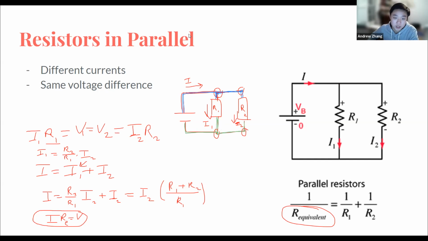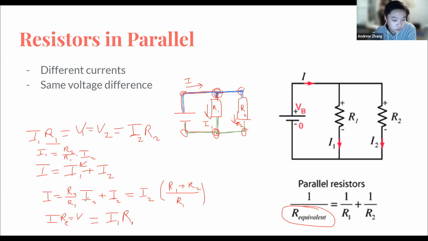Which means that if we take the voltage difference between this point and this point, it's the same as the rest of these points, right? So this is also still V, which means that V is going to be the same for all of these. So this is equal to just I1 times R1.